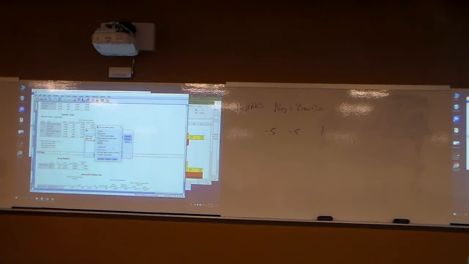What do we talk about in terms of the power of our factorial designs relative to our one-way designs? It has more power. Why is that? What's that? The error term. The error term. On average, all things being held constant, what do we expect the error term to be in our factorial design relative to our one-way design?